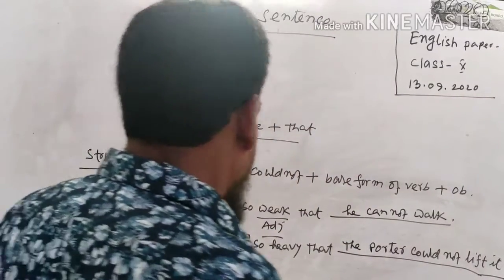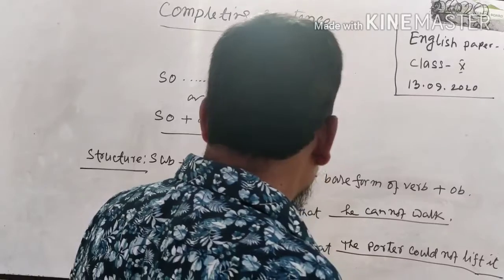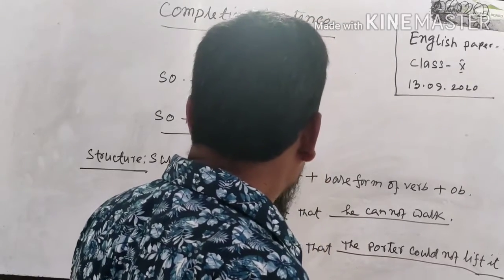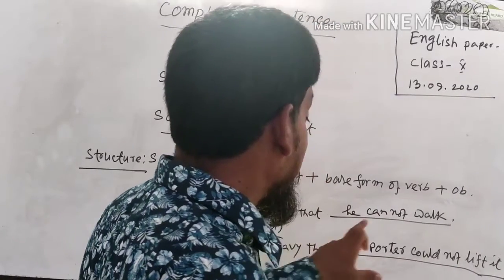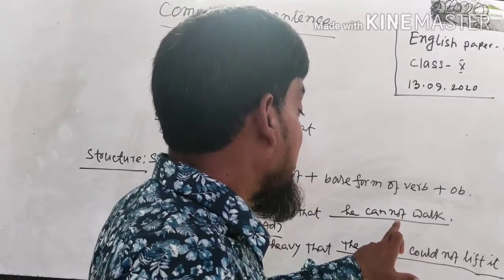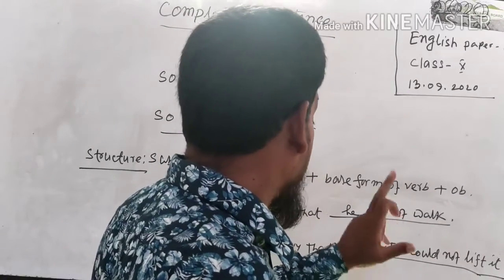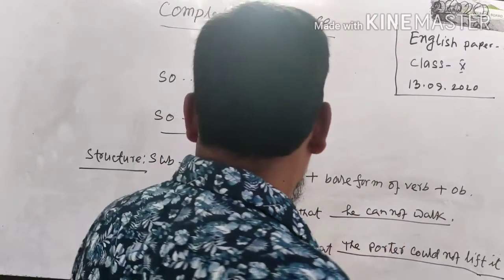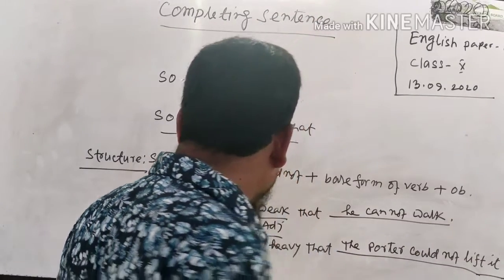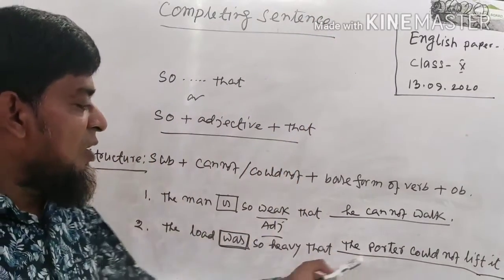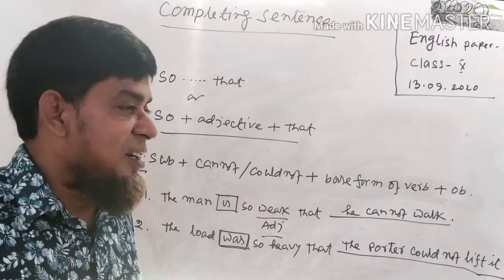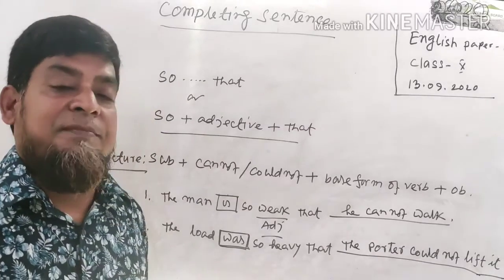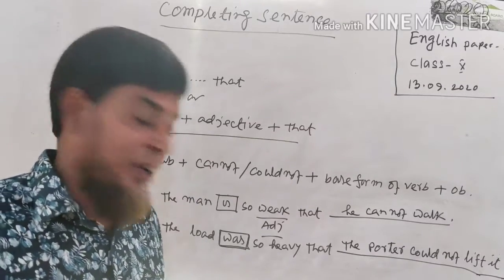We know that if the first clause is present tense, then cannot is used after the subject, and when it is past tense, could not is used after the subject. Okay?